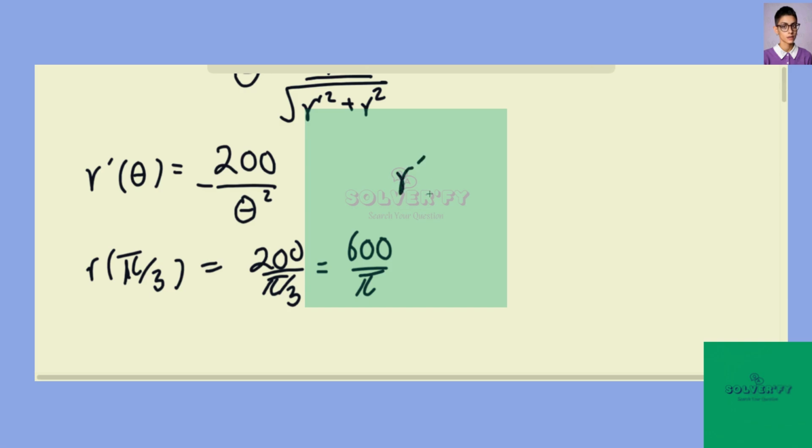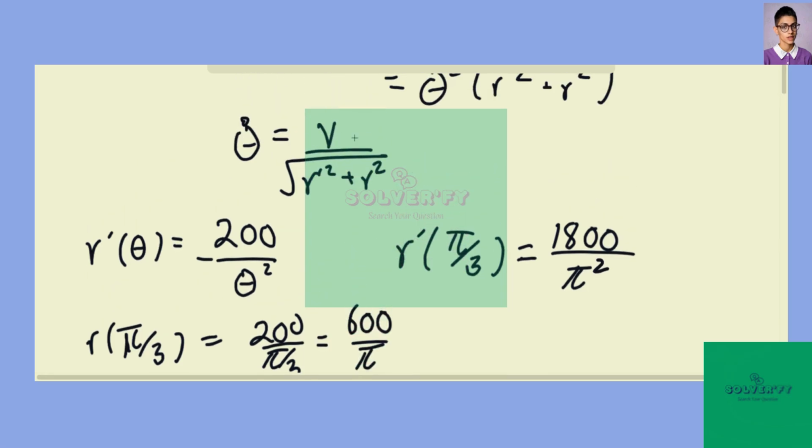And r prime of pi over 3 is similarly going to be this denominator squared and a negative. So that's going to give us 200 times 3 squared, which is 1800. So 1800, because it's 2 times 9 times 100 over pi squared.